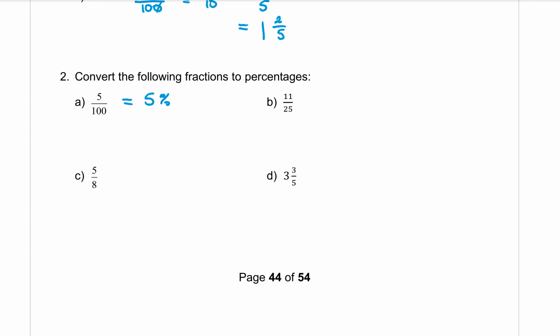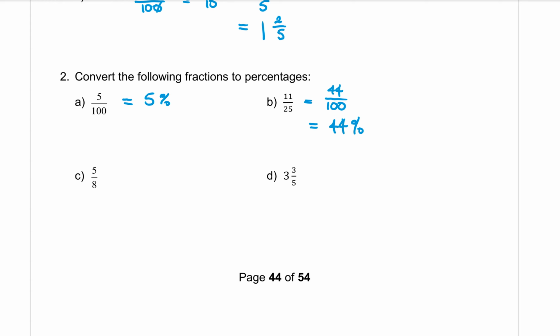So for part B, at the moment my denominator is not over 100, but I could find an equivalent fraction that is. 25 times by 4 makes 100. 11 times 4 is 44. Okay, so because that is out of 100, that means that would be 44%.